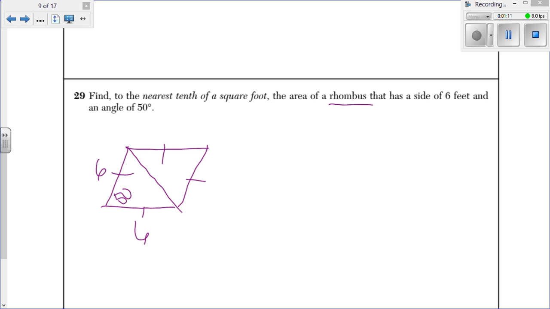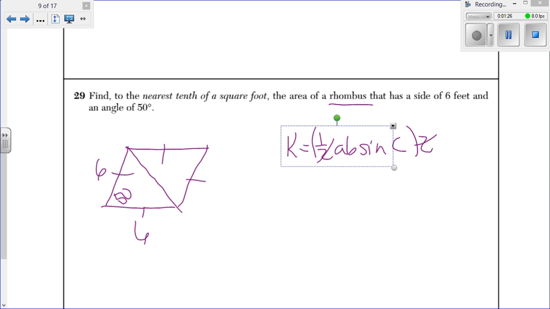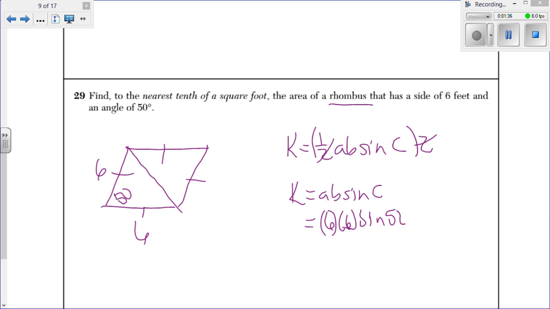And since I have a rhombus, I have 2 of the triangle, so I don't need the 1/2 from the formula. So K equals 1/2 AB sine C. What I'm just going to do is multiply by 2 to get rid of my 1/2. So K equals AB sine C. So it's 6 times 6 times the sine of 50.